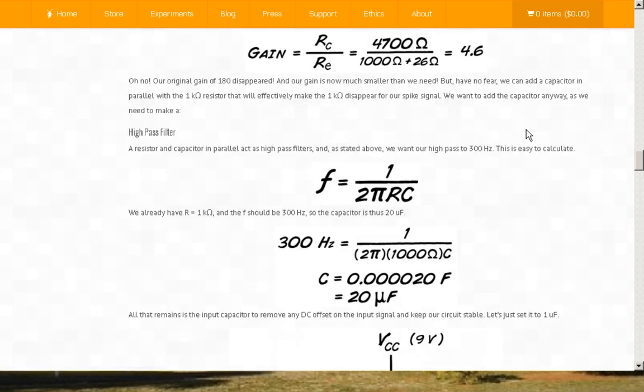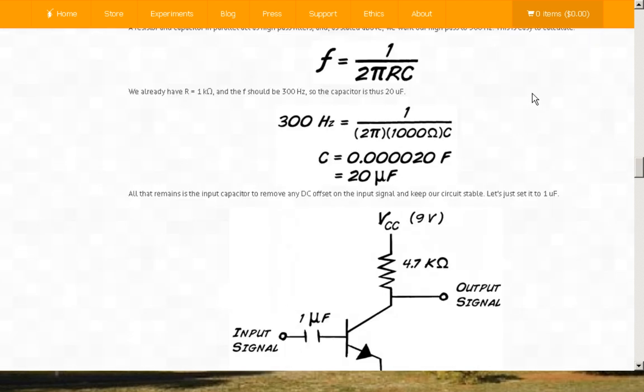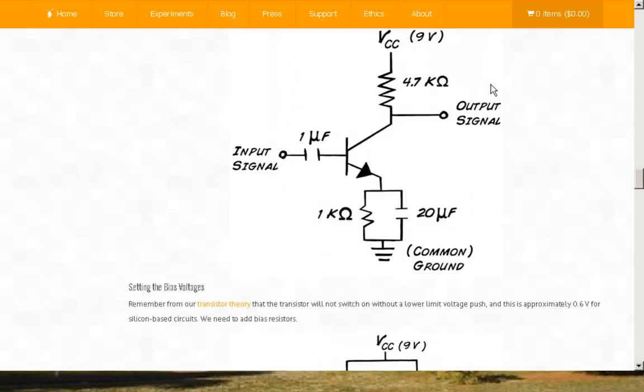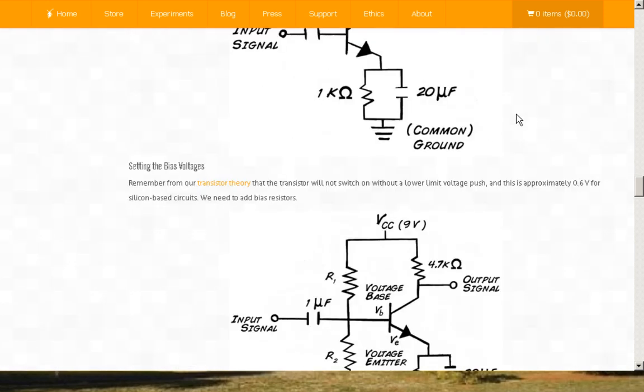That's actually a cutoff frequency. And I don't see how that's a high pass filter because the capacitor's in the wrong configuration. All it remains is any DC offset in the input signal to make it stable. Let's just set it to 1 microfarad.